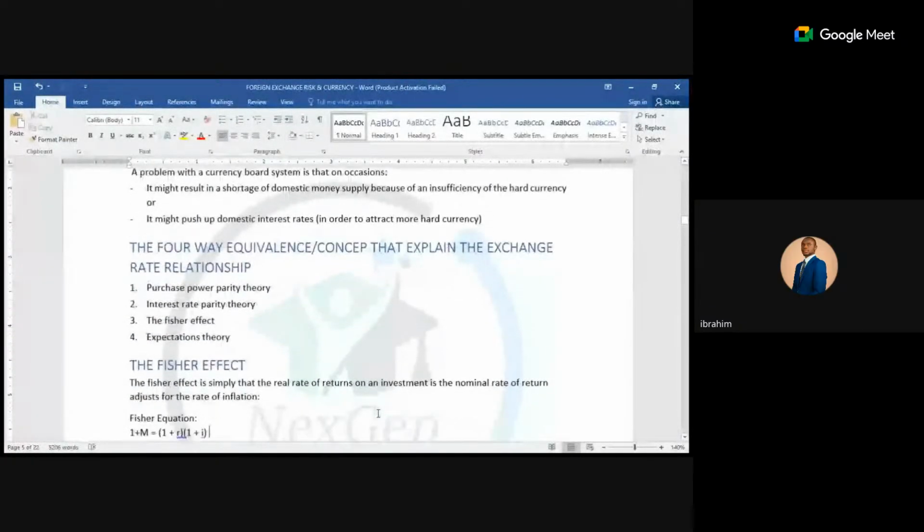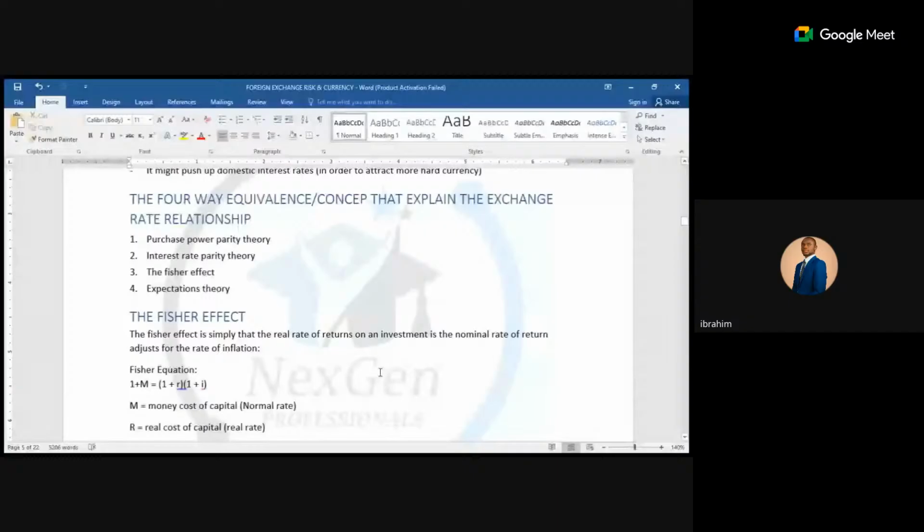So our focus tonight is on the four-way equivalence, or the concept that explains the exchange rate relationship, right? And this part is as important as anything, because this part will help you in international investments.